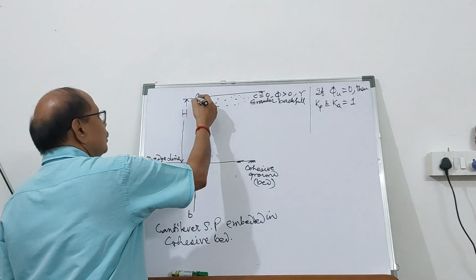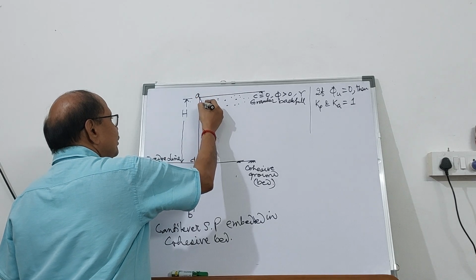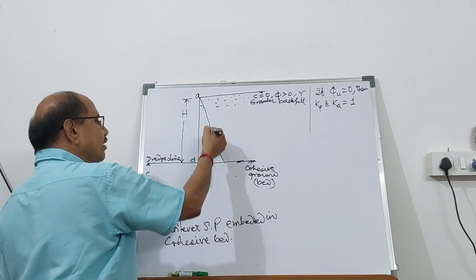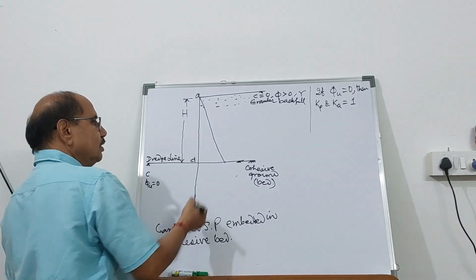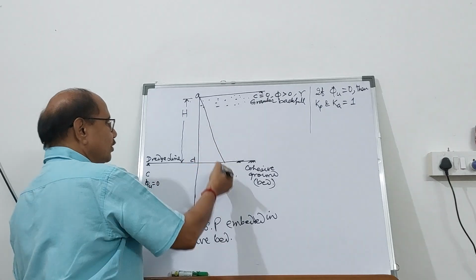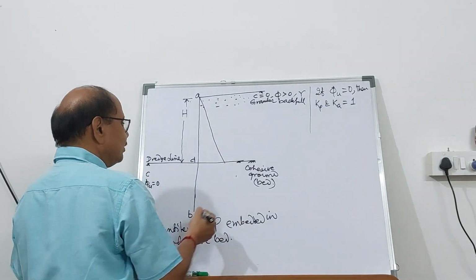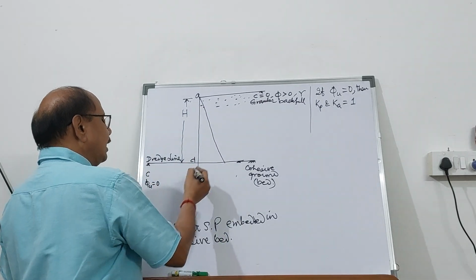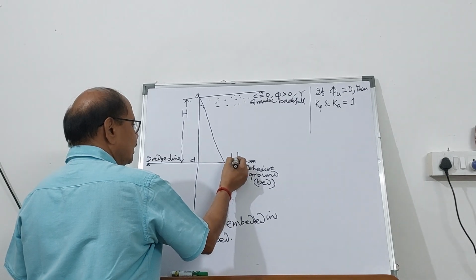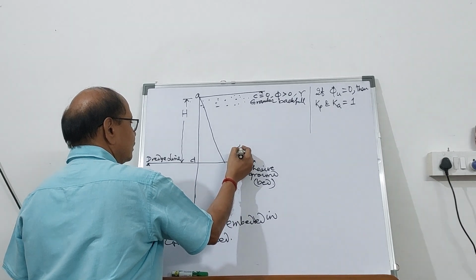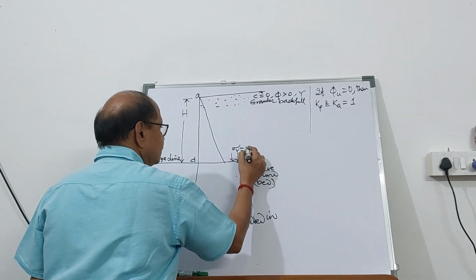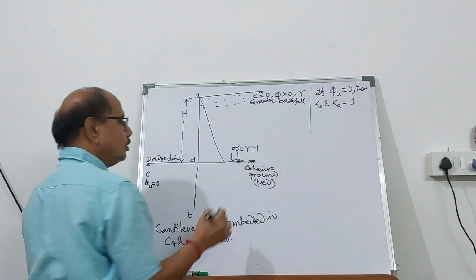Now, for this, the pressure distribution is going to be linear because it is granular in nature, you have seen. So triangular pressure distribution or hydrostatic pressure distribution is going to be like this. And the total vertical pressure at this point is going to be gamma into H.